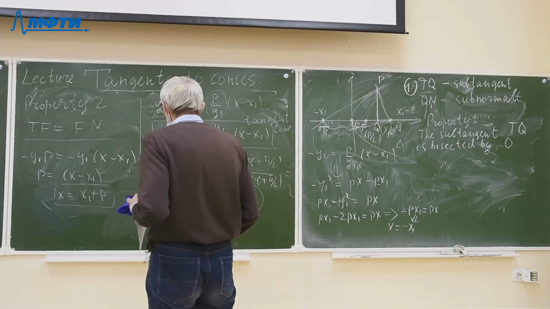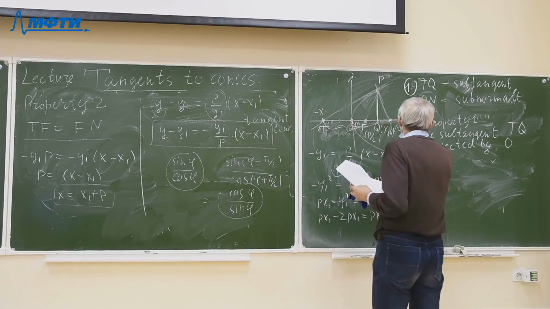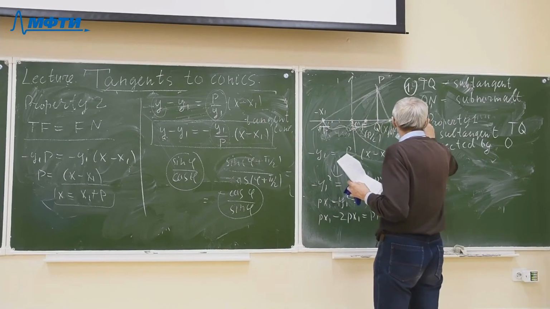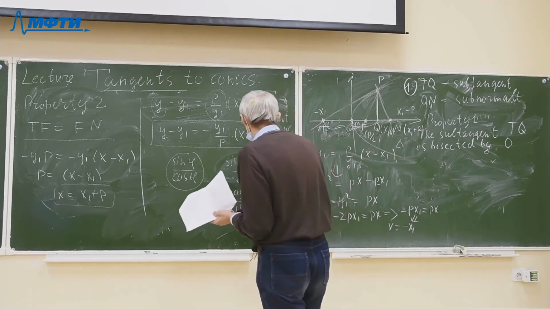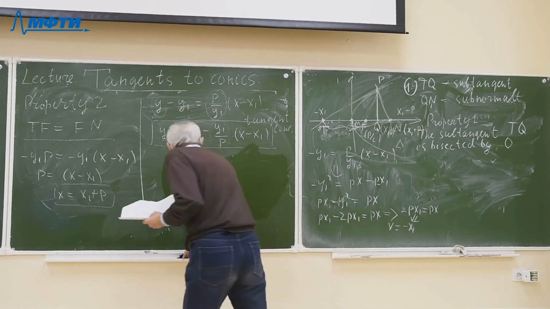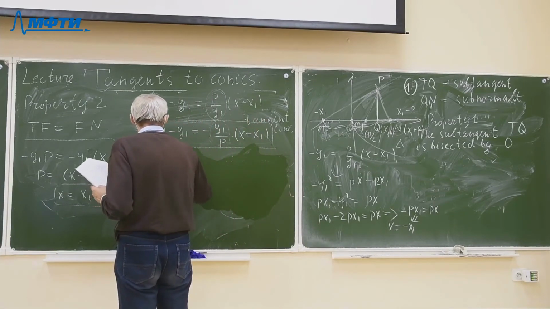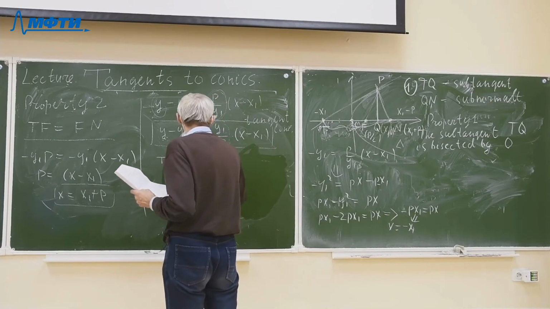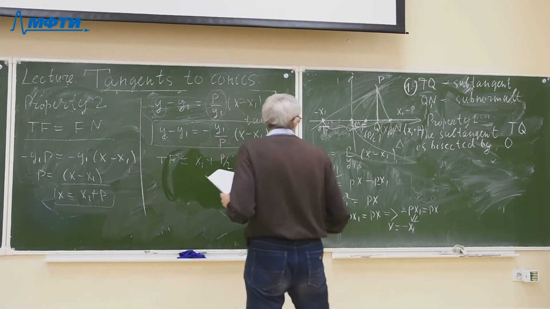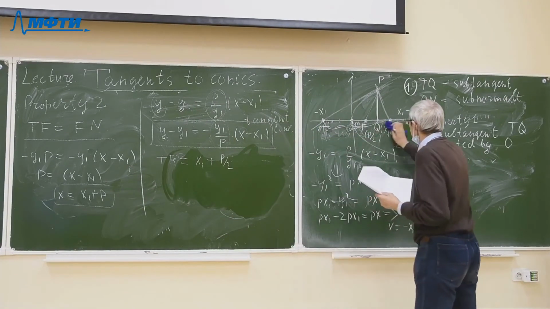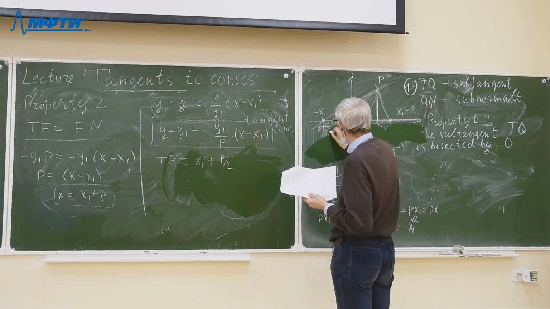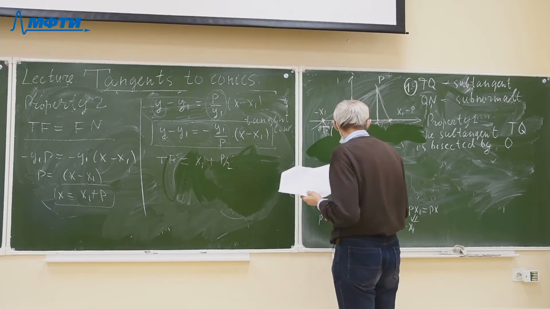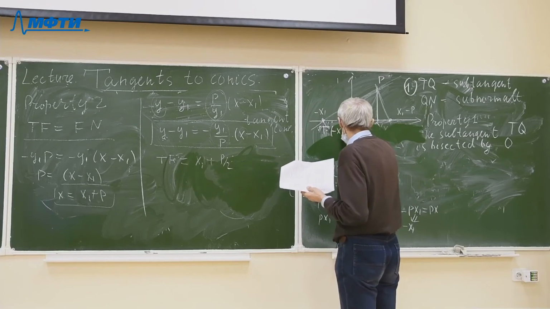We obtain that the coordinate of point N is x1 plus p, and the coordinate of T is minus x1.